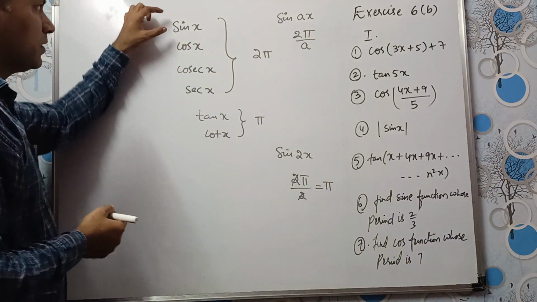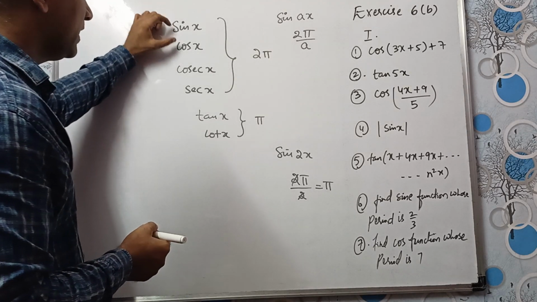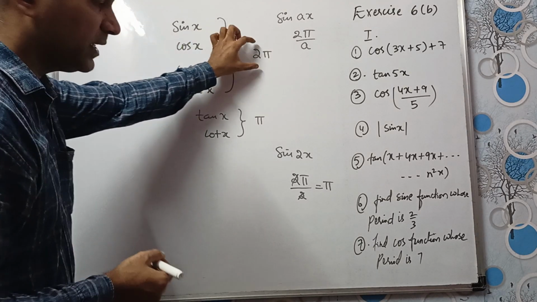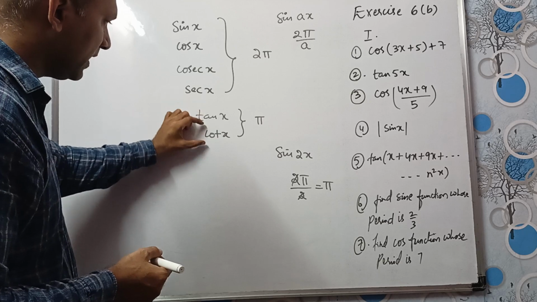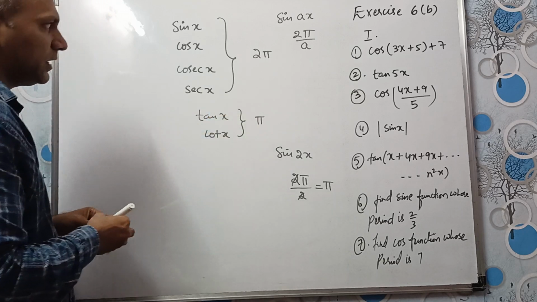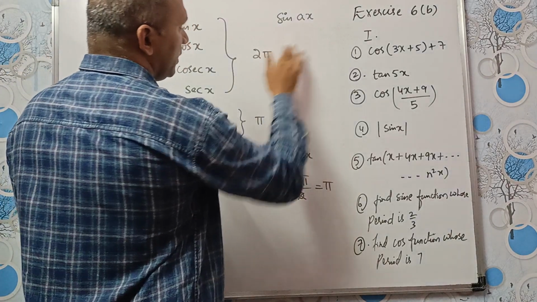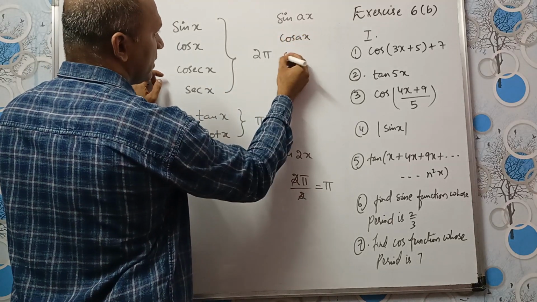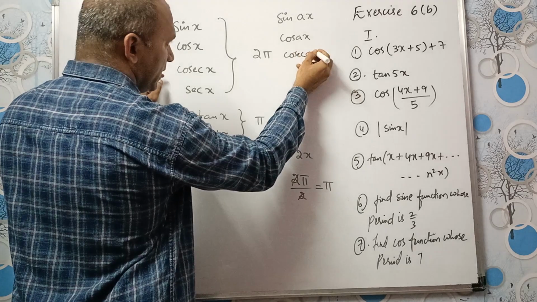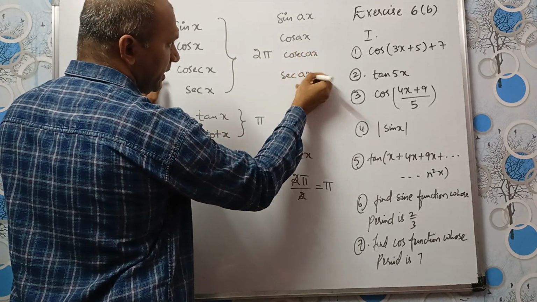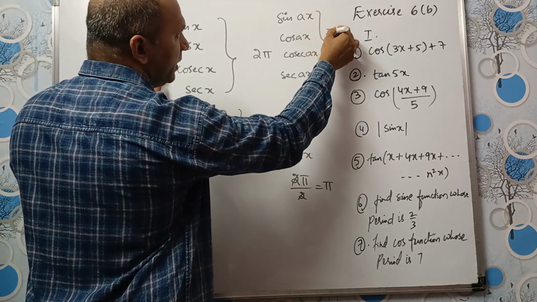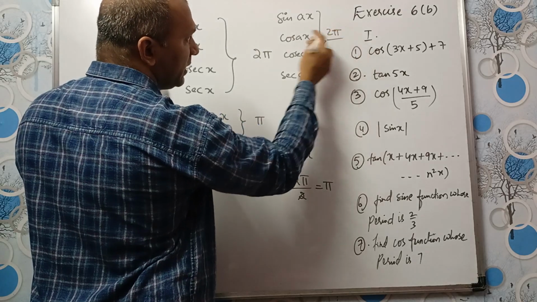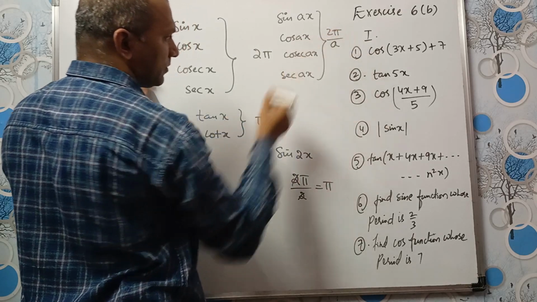So if we have sin x, cos x, cosecant x, secant x, the period is 2 pi. If we have tan x and cot x, the period is pi. Now if we have sin ax, cos ax, cosecant ax and secant ax, the period will be the general period 2 pi divided by this a.